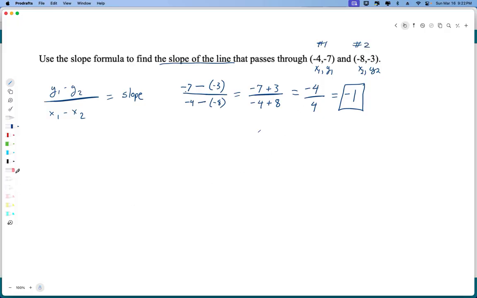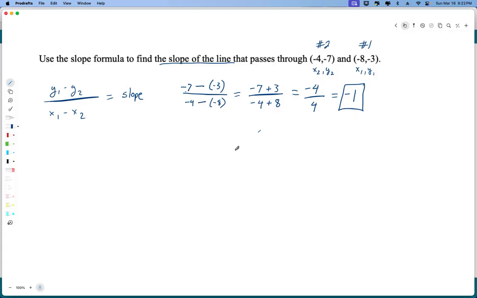Let me show you. If I were to decide to make them different, if I want to do, this is point number 2 and this is point number 1, then this would be x2, y2, and this would be x1, y1.